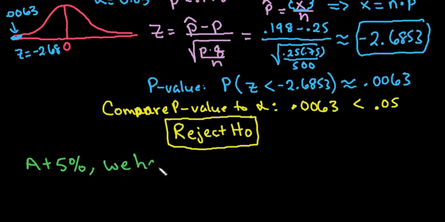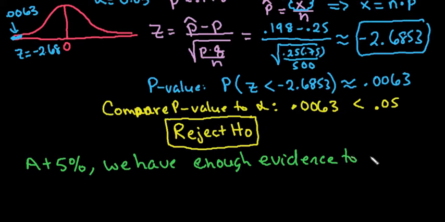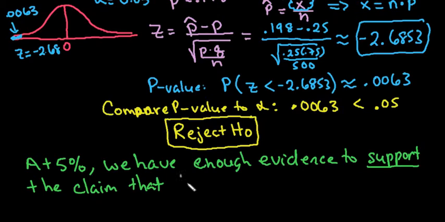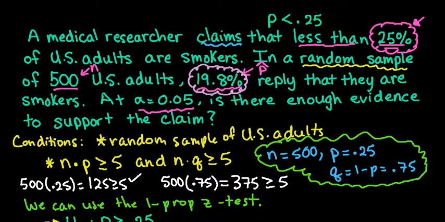We have enough information or enough evidence to support, so we're going to use the word support, the claim that less than, and all I'm doing is rewriting what was in the original problem.